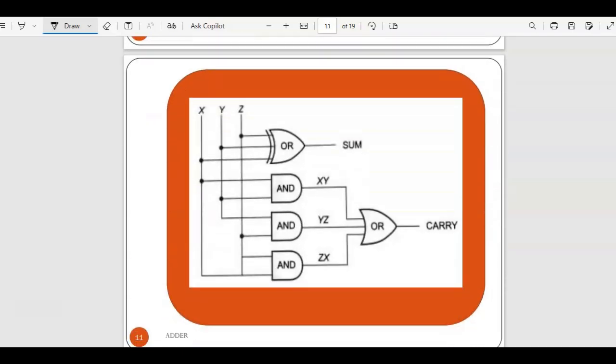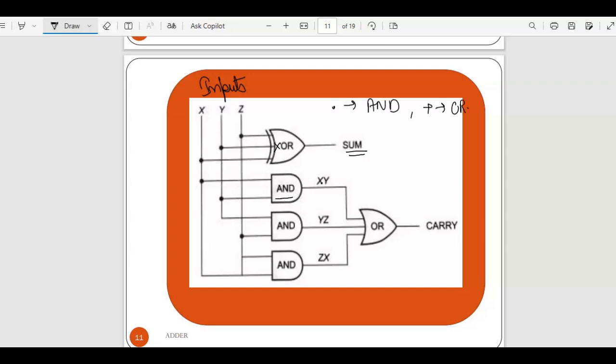So here we have the symbolic diagram. You can see this is an XOR gate and 3 inputs are there. These are the inputs, and how many inputs are there? 3: x, y, z. So here, with the help of the XOR gate, you are getting the output sum. And you remember it was xy plus yz plus zx. So for xy plus yz, xy, it is a dot here, and dot is which gate? AND gate, right? And then if you have a plus sign, it is an OR gate, right?